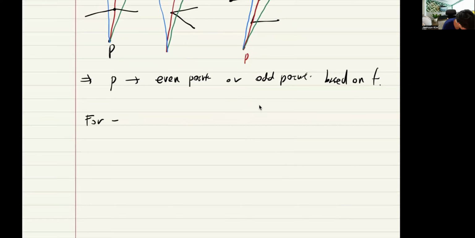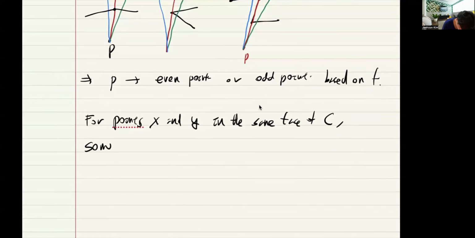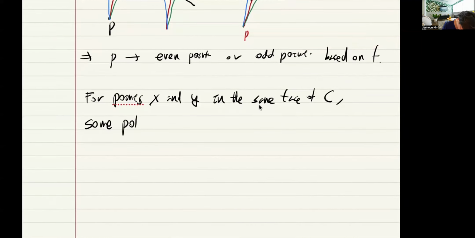And what do we know? For the points, let's say X and Y, in the same phase of C, we can find a curve between them which does not intersect with C. Moreover, we can find a polygonal curve between them.